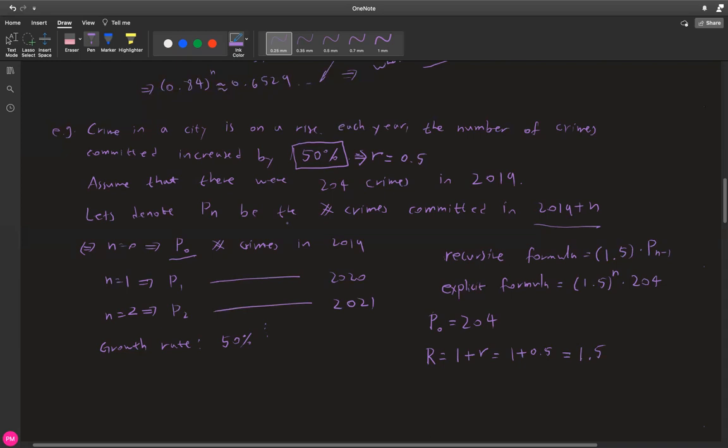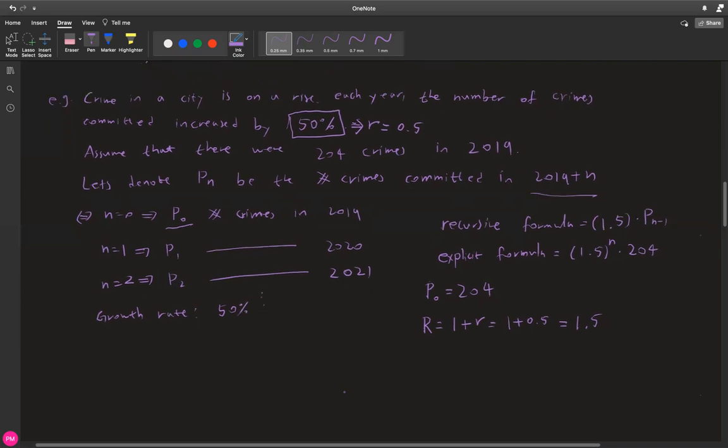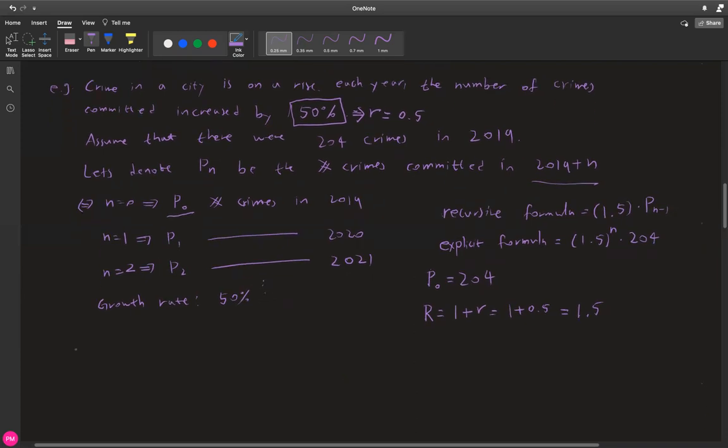So let's say, knowing all these facts, using this model, how many crimes will there be in, let's say, 2029? So in 10 years from here. In 2029, how many crimes will there be?